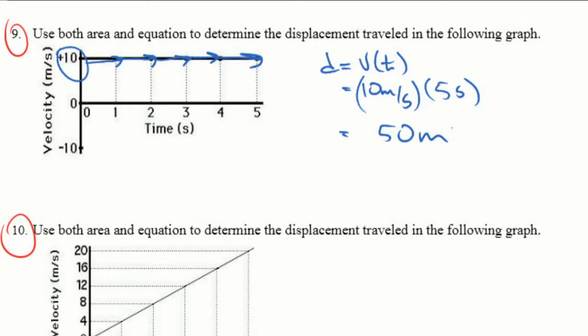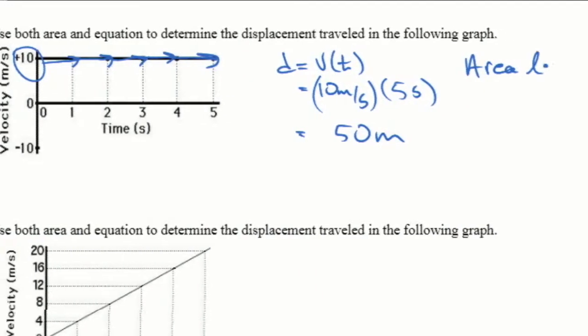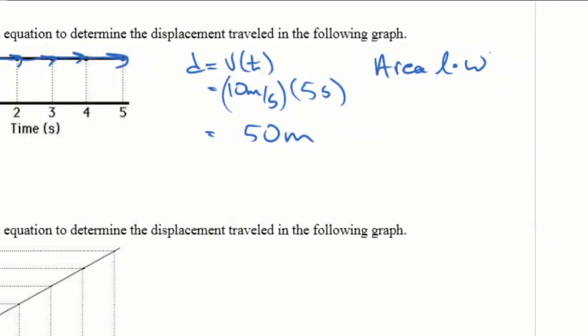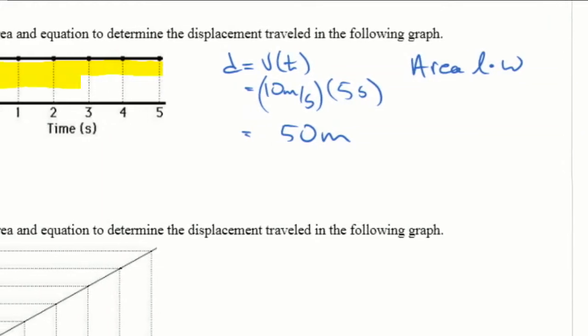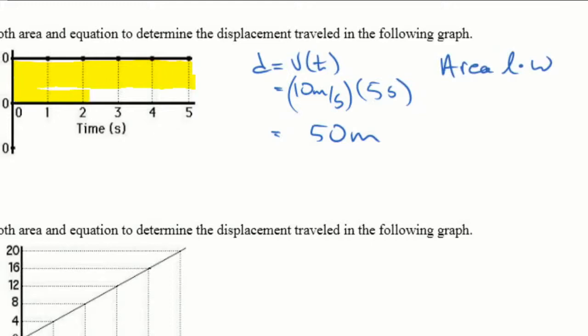And then I can write area is going to be length multiplied by width. Let's think of a big yellow rectangle here. So the length of my rectangle, we'll call this length up here.